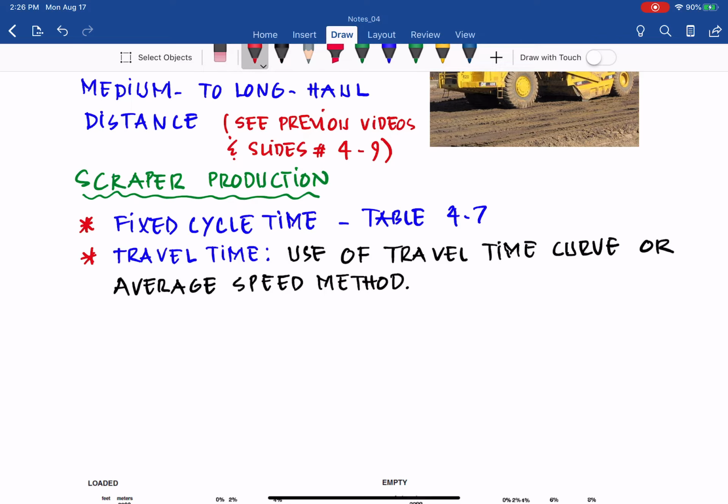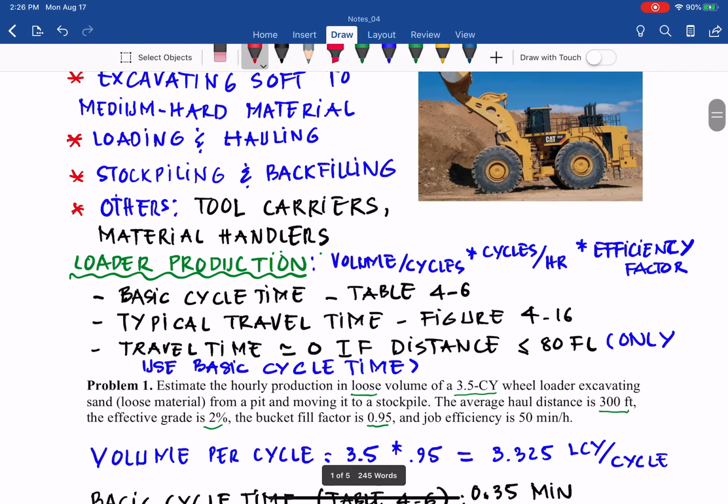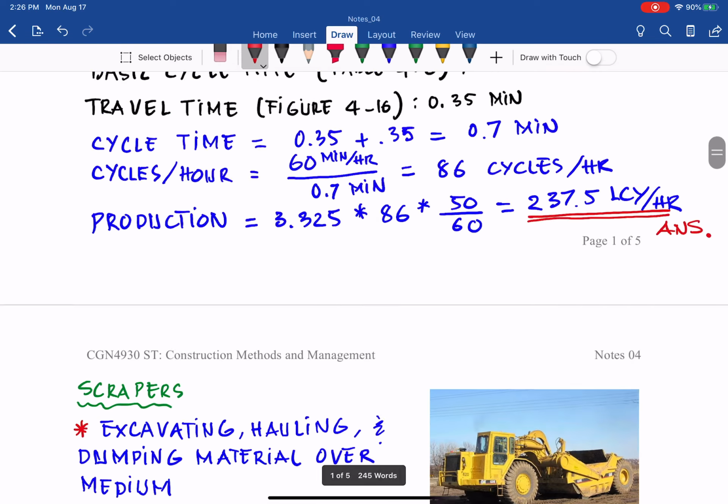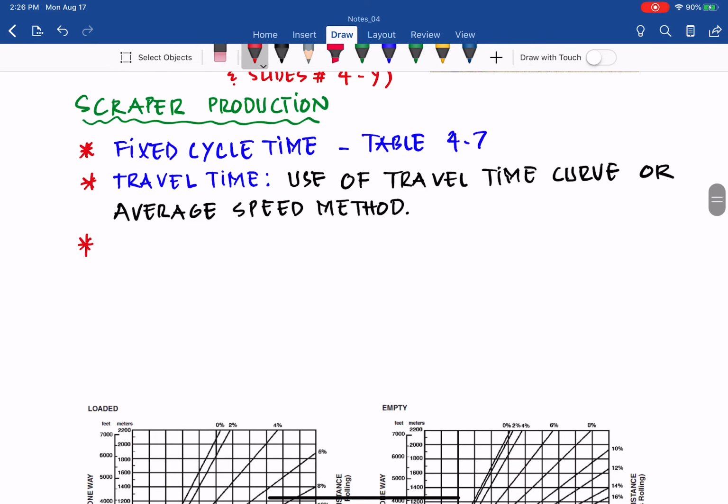And one thing that we need to determine, if you recall, is the volume per cycle in the production. How can we determine it for a scraper? It's important that we determine the payload per cycle, or volume per cycle.